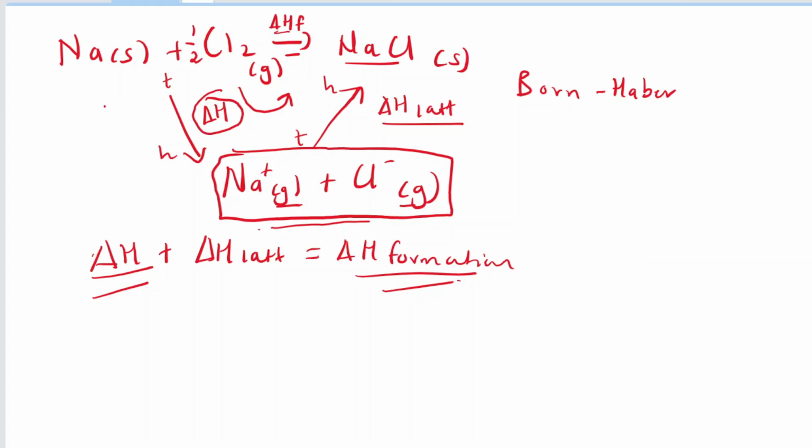Most likely there will be formation, there will be lattice energy, and there will be delta H. However it's arranged, try to form an equation out of it and then try to solve it. So let's look at an example of the Born-Haber cycle of NaCl and how we can go about solving this.